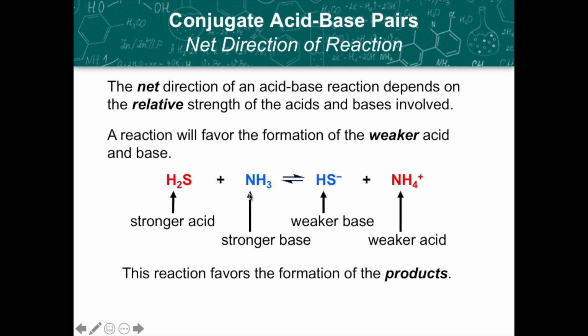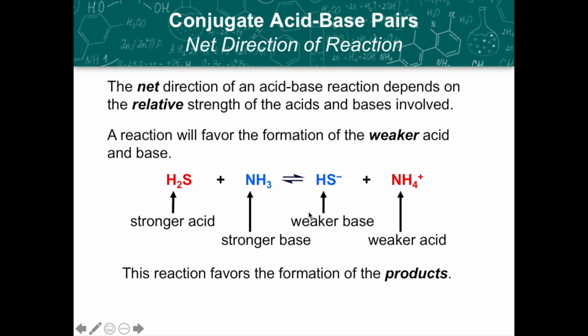It will form hydrogen sulfide and ammonium ion, which are a weaker base and a weaker acid. Since the weaker acid and weaker base are on the product side, this reaction will favor the formation of the products, driving the reaction to the right.